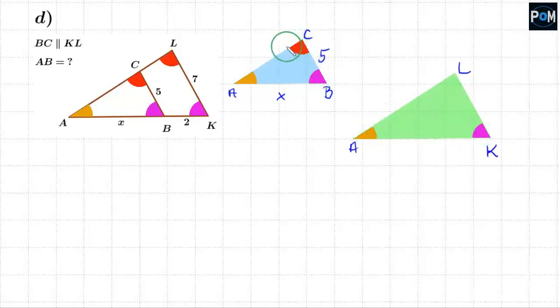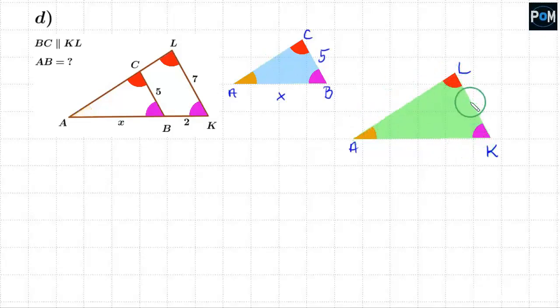But I will also draw in the third red angle at the top, which was here. So here we also have this red angle, based on these corresponding angles. I have red, purple, orange, red, purple, orange. The angles are the same in both triangles, so the triangles are definitely similar to each other.